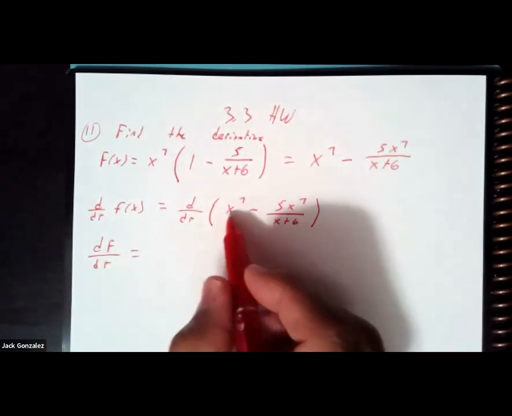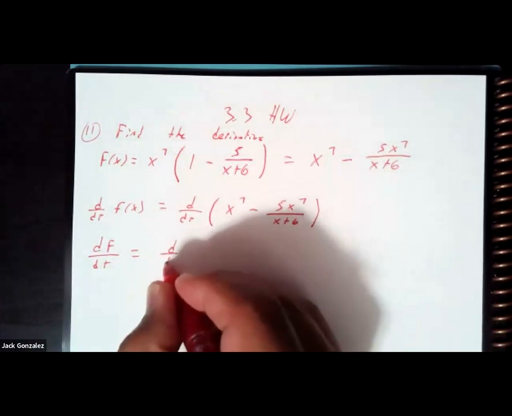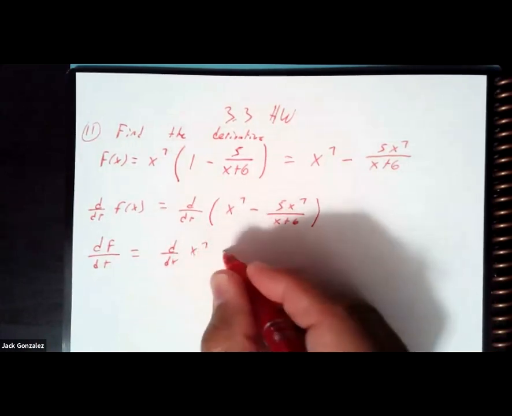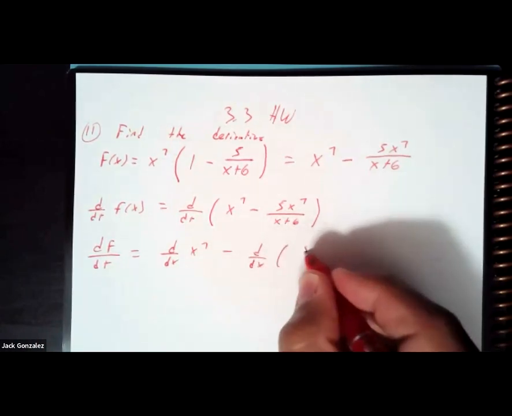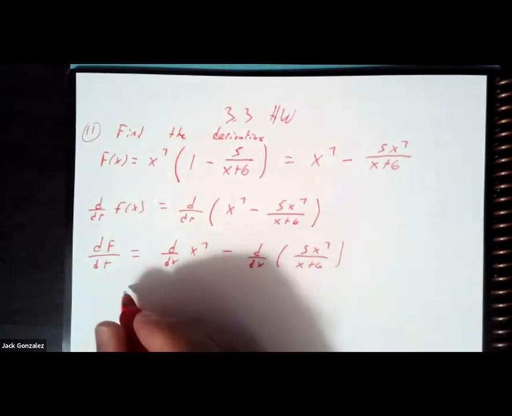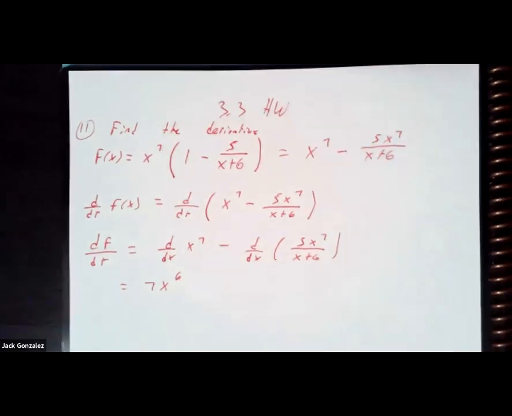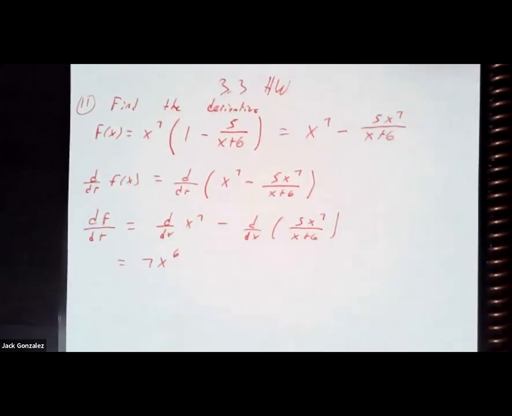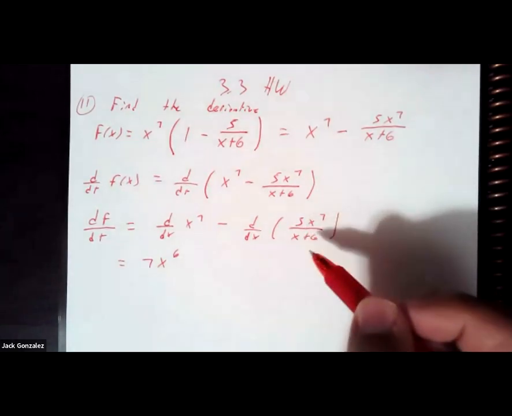Alrighty, so the derivative of this first piece is just the power rule. I'm going to go ahead and show this extra step just in case. So you agree that this is 7x to the 6. Derivative of this is a 9. It's going to be a quotient rule.